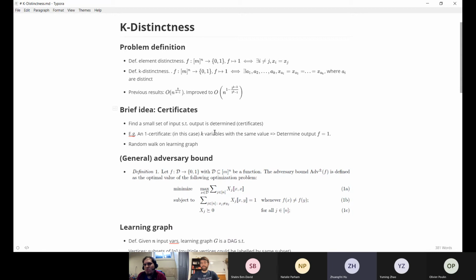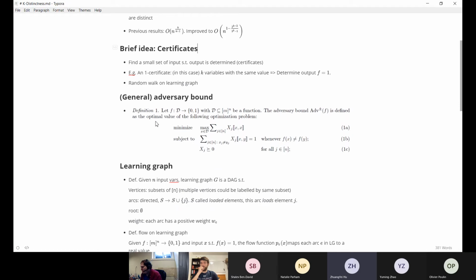The brief idea still lies in the certificates. Basically, we try to find a small set of inputs such that the output is determined by this input, and this small set of input is called certificates. In our case, one example of a certificate is K variables with the same value, which could determine that the output function is 1.